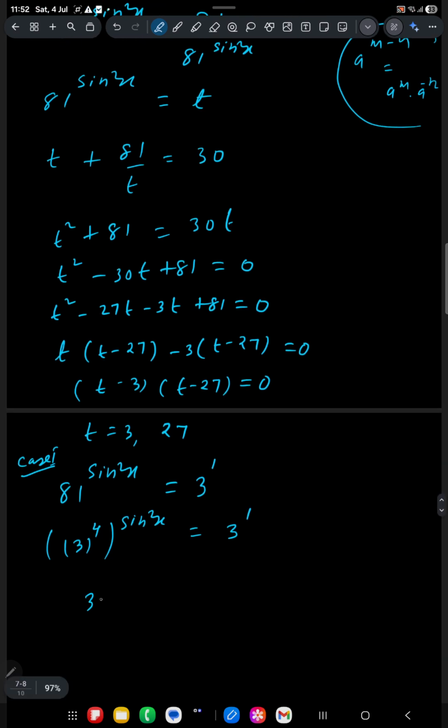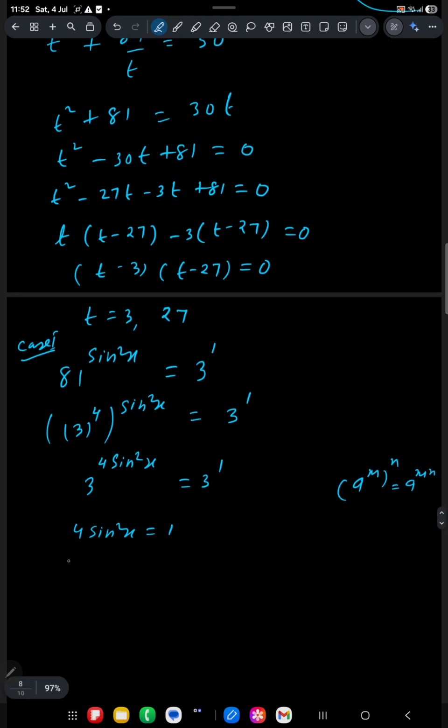The powers will be multiplied, by the rule a raised to the power m, whole raised to n, is equal to a power m into n. So by this, 4 sin square x equal to 1. So sin x will be the square root of 1 upon 4, that gives plus minus 1 by 2.